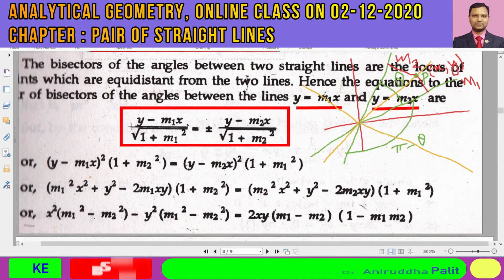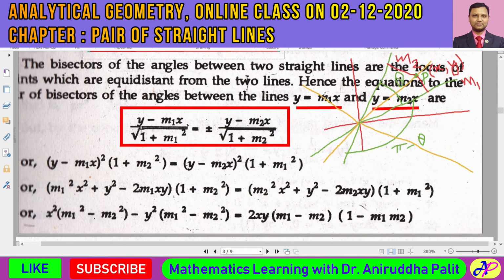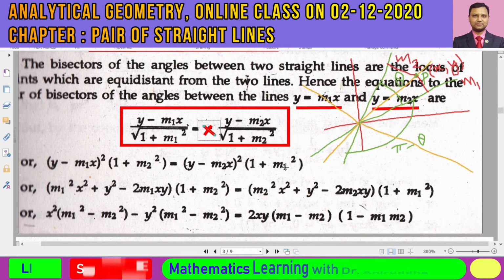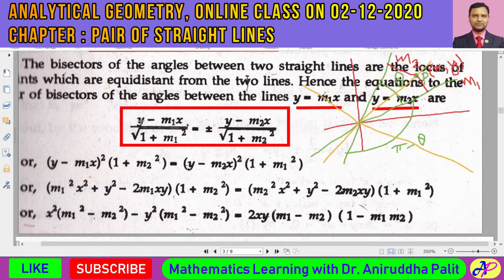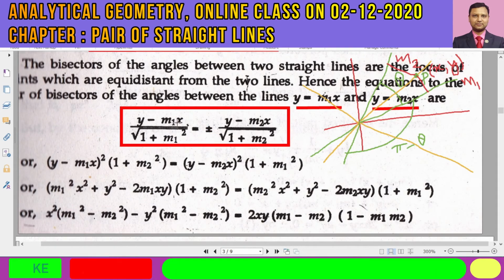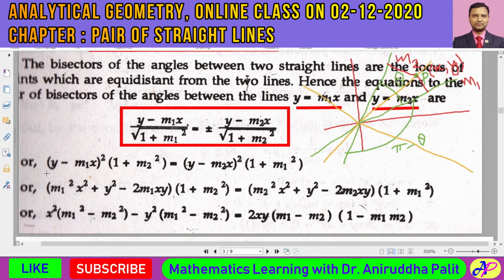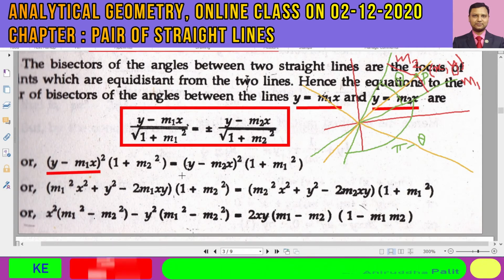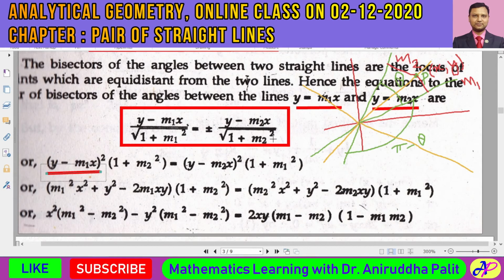You see, firstly we take the square so that this positive and negative sign confusion would not appear at all. So we are making the square on both sides, and then we cross multiply both of these two sides. After making square, what shall we have? y minus m1x whole square multiplied by 1 plus m2 square.